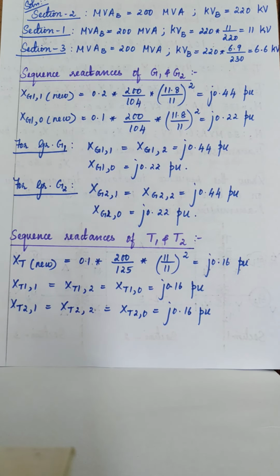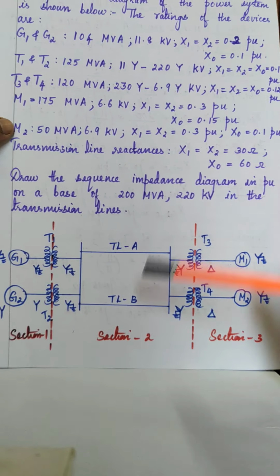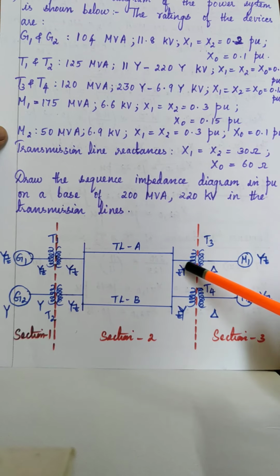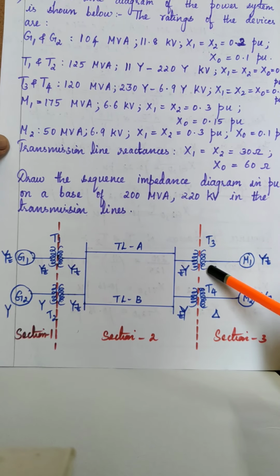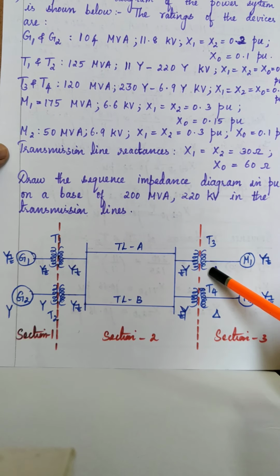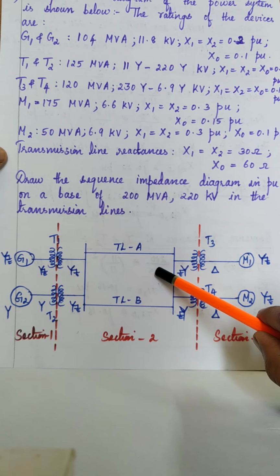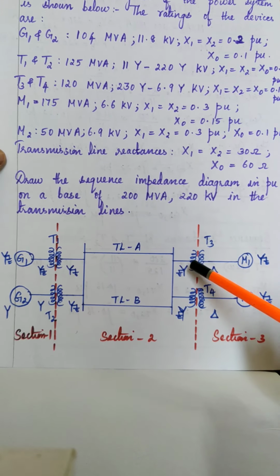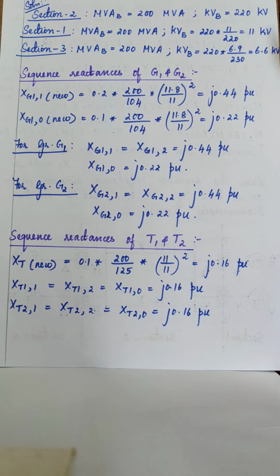In section 3, MVAB is 200 MVA, KVB is 220 into 6.9 by 230. This side is 230, this side is 6.9. So to find KVB in section 3, 220 into 6.9 divided by 230. So we got it as 6.6 kV.